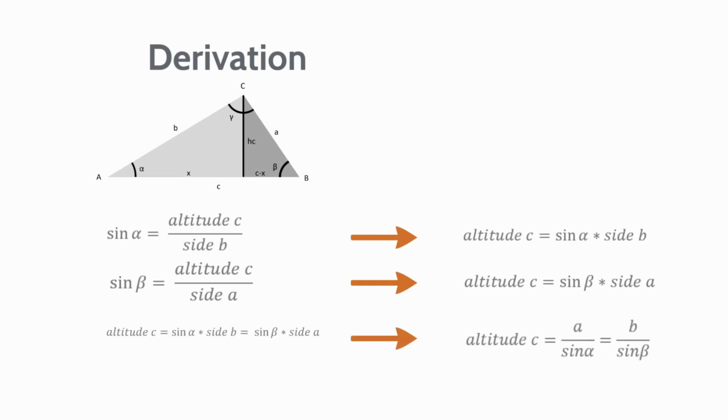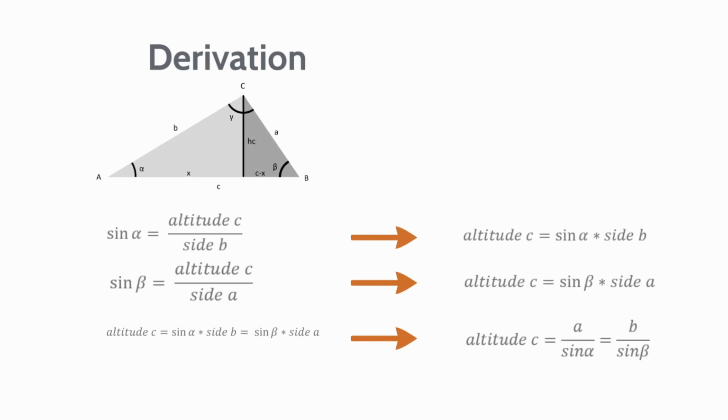Now we can equalize both equations, and that's sine alpha multiplied by side b is sine beta multiplied by side a. That can also be a divided by sine alpha is b divided by sine beta. If we do this also with sine gamma, we'll see that it is the same, also c divided by sine gamma.